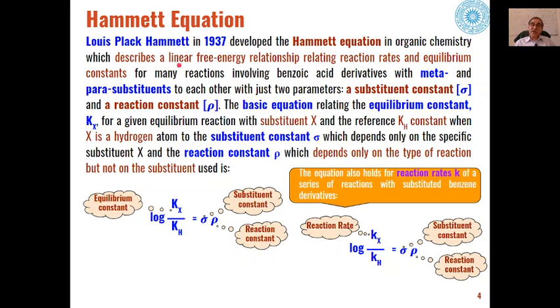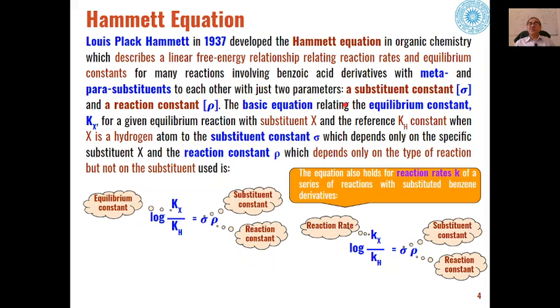This Hammett Equation describes a linear free energy relationship relating reaction rates and equilibrium constants for many types of organic reactions of benzoic acid derivatives, where we are having meta and para substituents present at the benzoic acids.